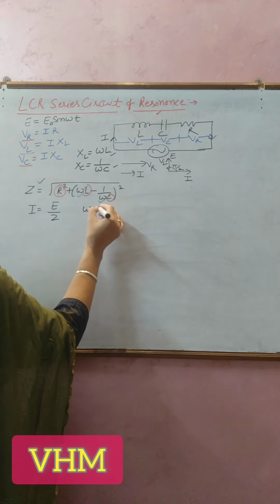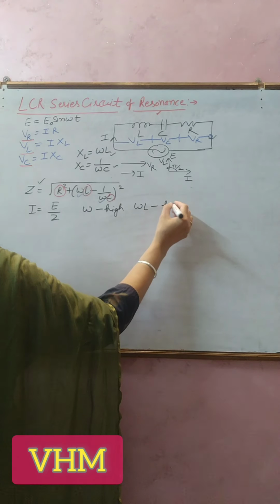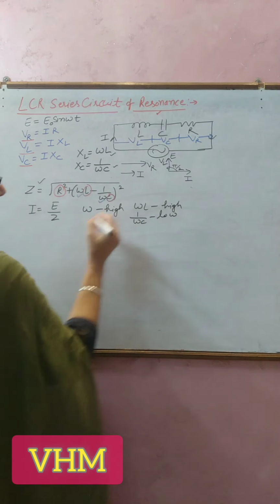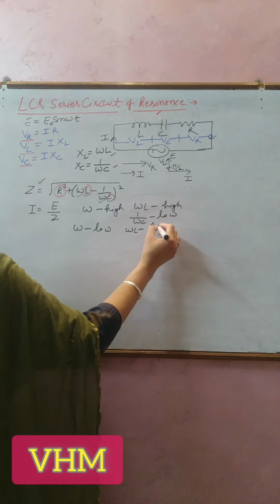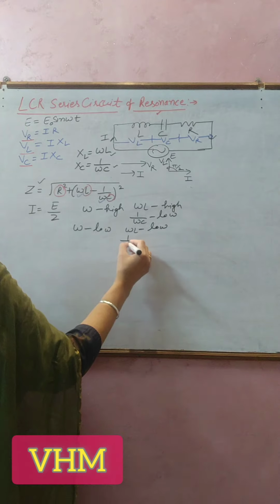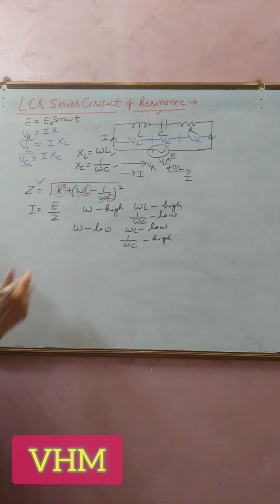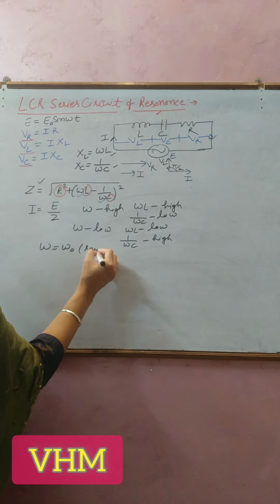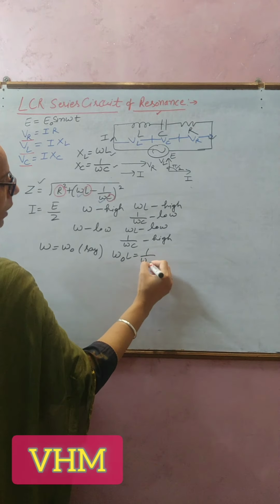When omega is high, omega L is high and 1 by omega C is low, but when omega is low, omega L is low and 1 by omega C is high. So we have some value, let's say omega naught, where both terms are equal.